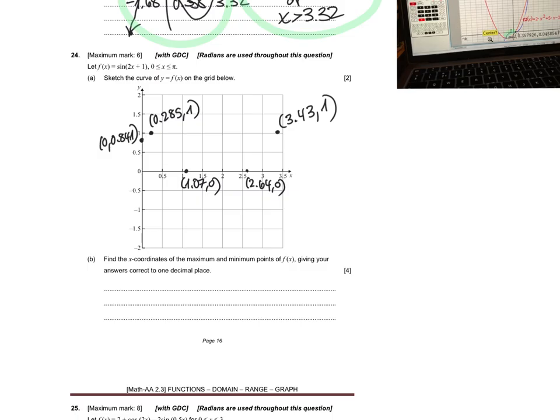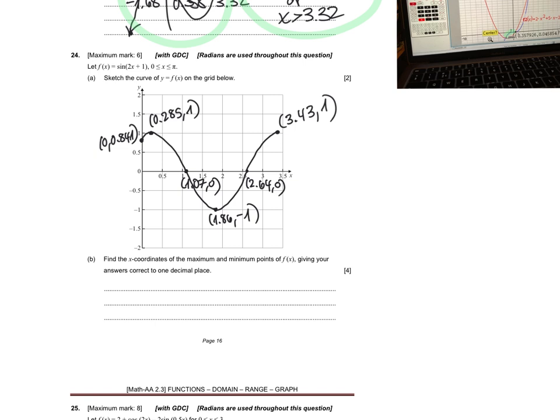Now we need the minimum. And that's happening at 1.86, negative 1. And then you connect it as nicely as possible. And technically 3.43 is outside our domain, but whatever.